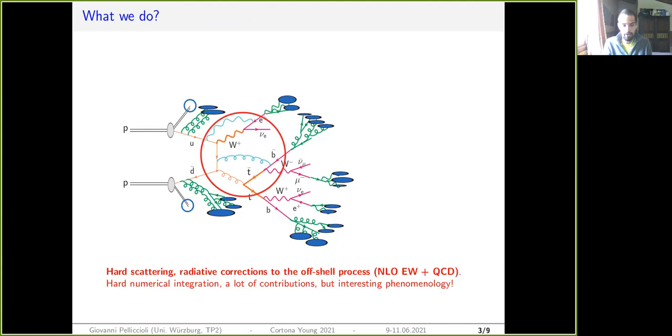What I will focus on in this talk is radiative corrections to the off-shell process of TTW production at next-to-leading order electroweak and QCD. This features quite hard numerical integration because of the high-multiplicity final state we will consider, due to a lot of contributions which participate in the computation for this process.